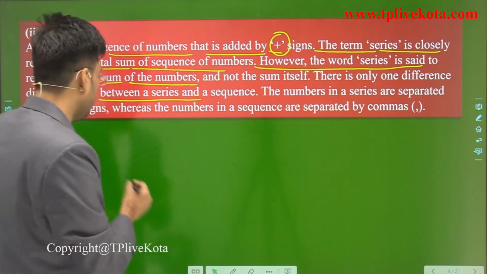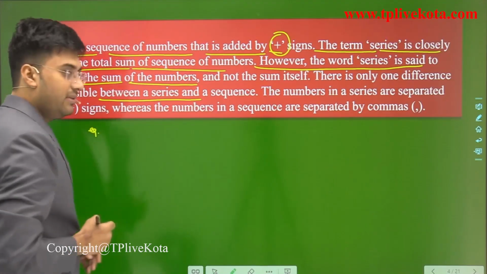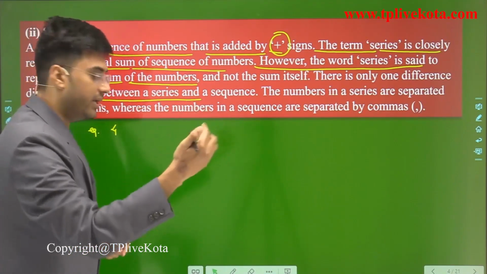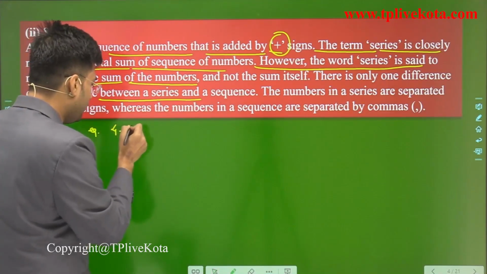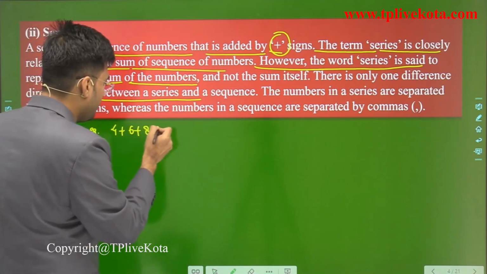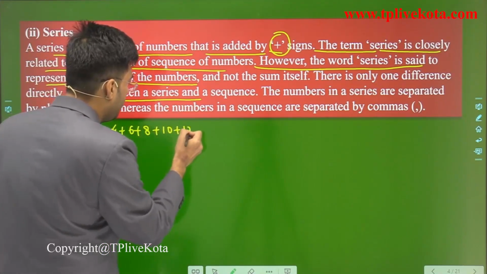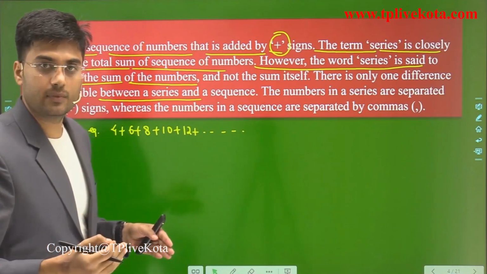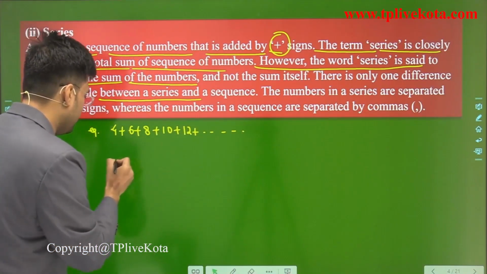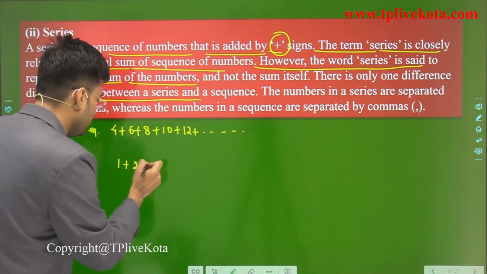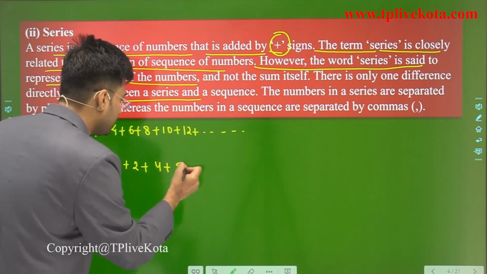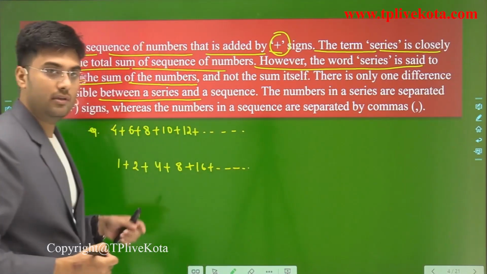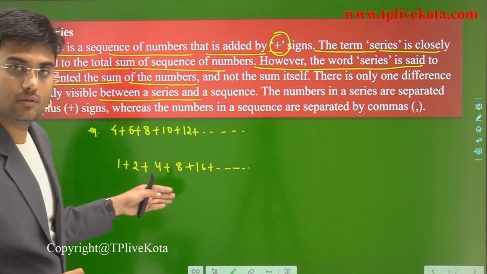For example, in the previous slide we discussed the sequence 4, 6, 8, 10, 12, and if we write 4 plus 6 plus 8 plus 10 plus 12 plus so on, then this is the series. Clear? If I write 1 plus 2 plus 4 plus 8 plus 16 plus so on, this is also a series.